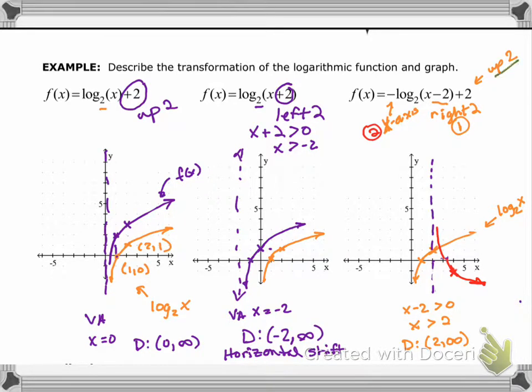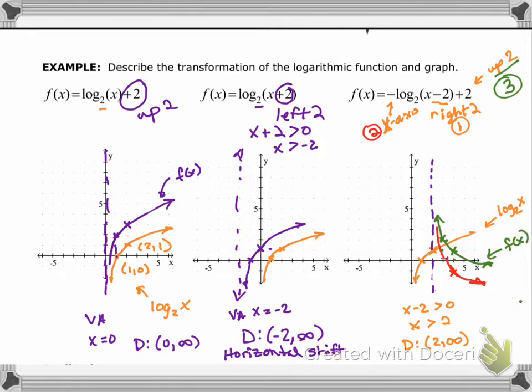We're going up 2, so that's step 3. So that means each of these points we had, we're going to go up 1, 2, right there. 1, 2, right there. And so it's just going to be shifted up a little bit, so it's going to look like that. So that's our f of x right there.